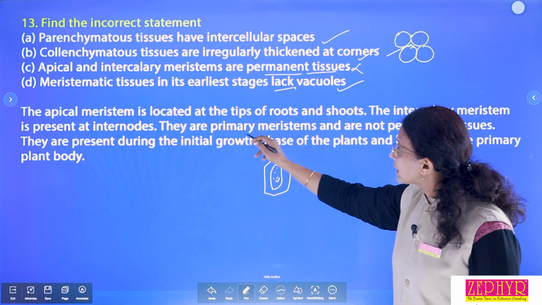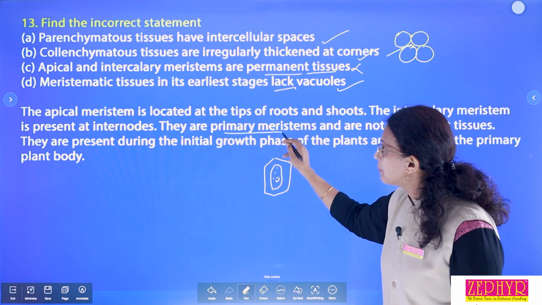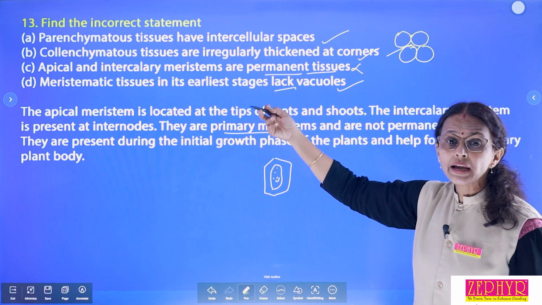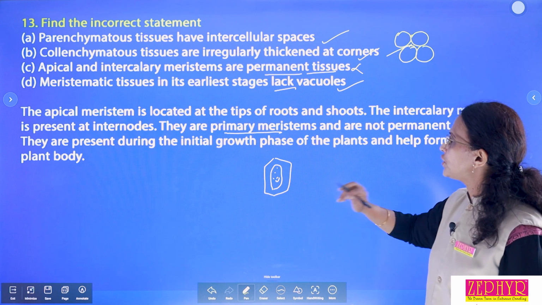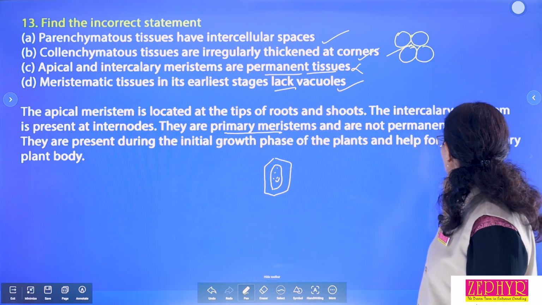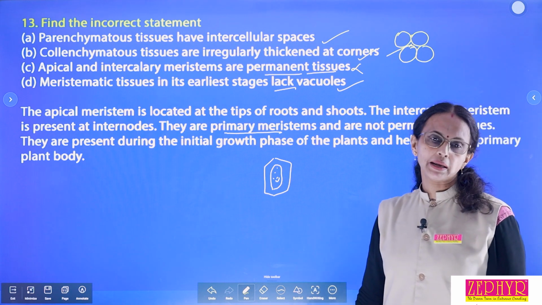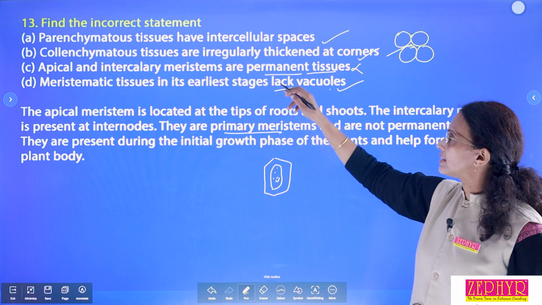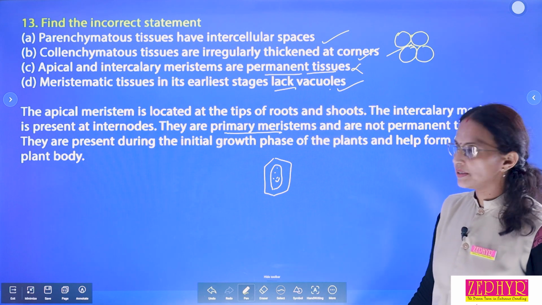Apical meristem and intercalary meristem are primary meristem, not permanent tissue. They are present during the initial growth phase of the plant and help form the primary plant body. So the answer is option C, the incorrect statement.